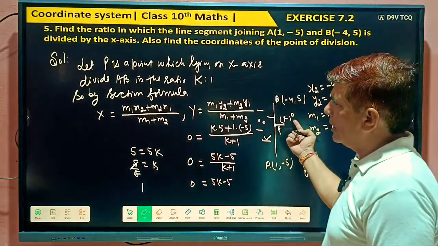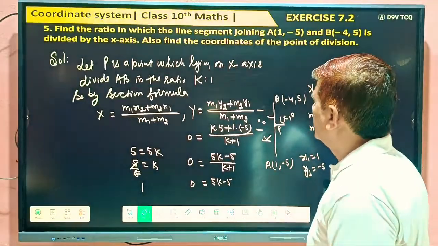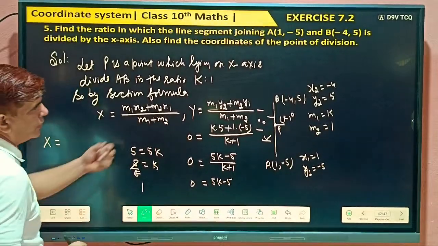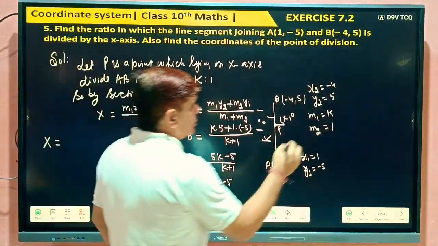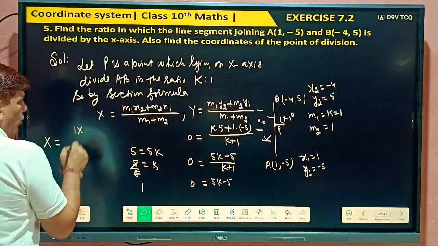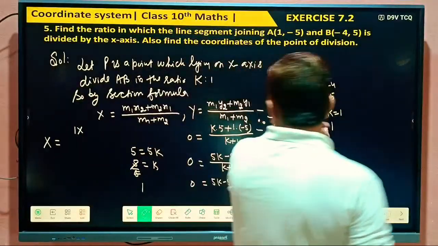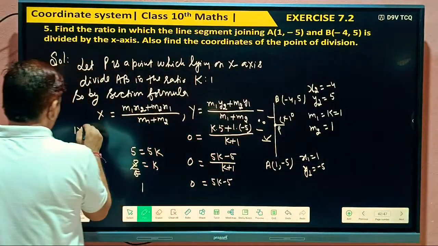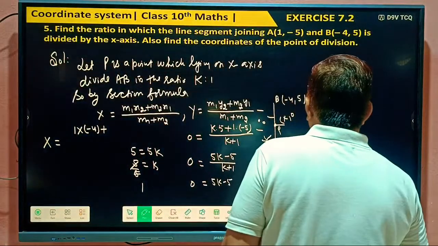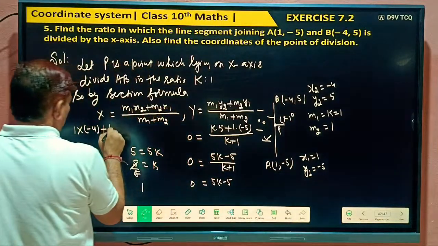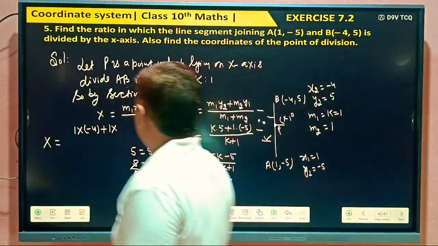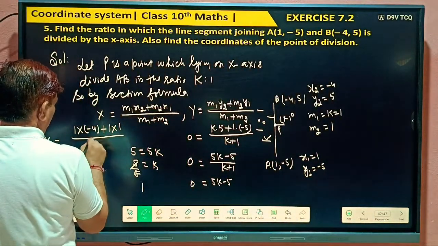So y is already 0, x we can find out. So x, how can we find out? I have written x equal to m1 and m2, both are 1, into x2. Where is x2? Minus 4. Plus m2, which is 1, into x1, that's again 1, by 1 plus 1.